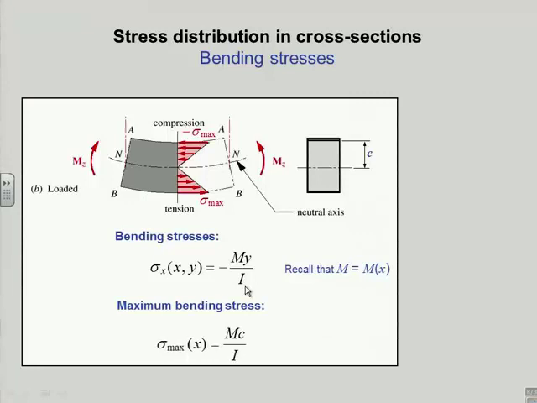That is a cross-sectional geometric property, and it depends upon the shape of the part. If it's a rectangle, as I show it here, bh cubed over 12 is the equation for the area moment of inertia of that particular cross-section, where b is the base width and h is the total height of the beam in the direction of loading.